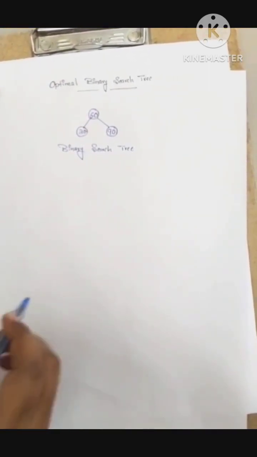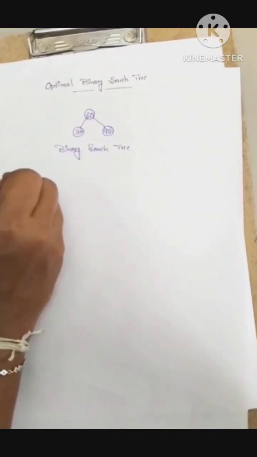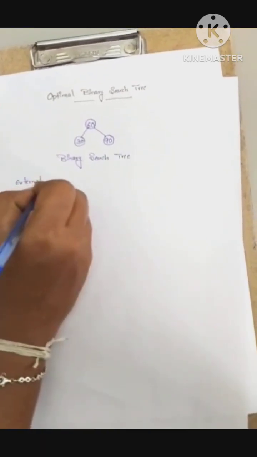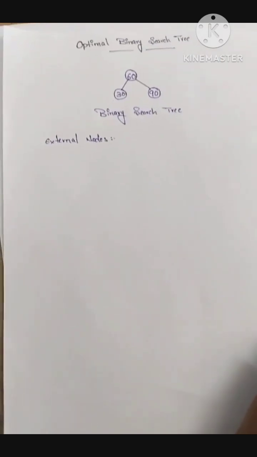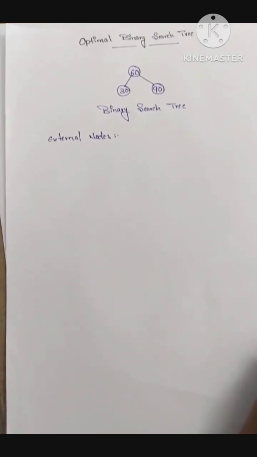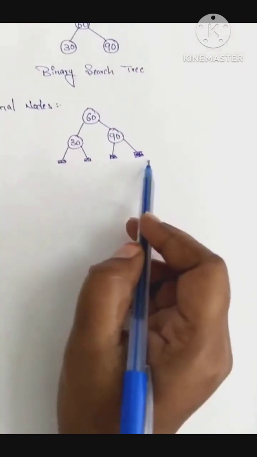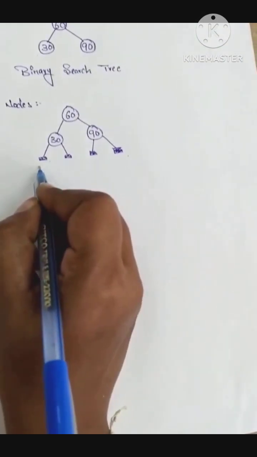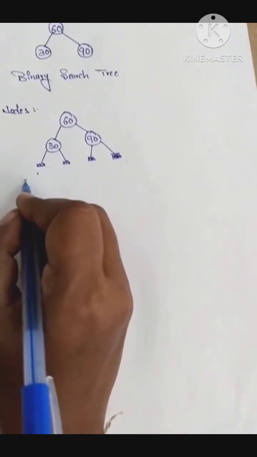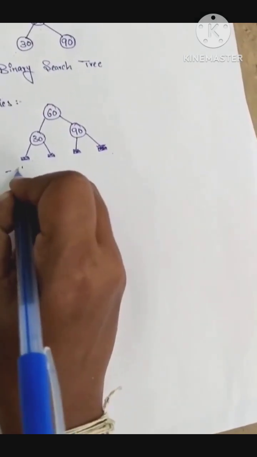Next comes the term external nodes. External nodes are those nodes where your search of a particular element stops when it is an unsuccessful search. These are the external nodes and the values less than 30 come under this, until minus infinity.